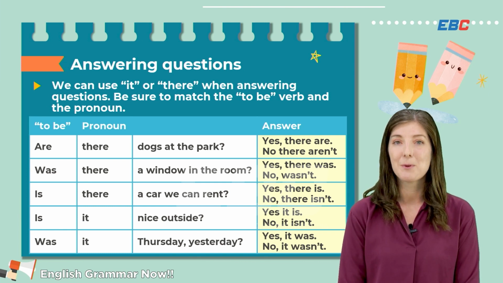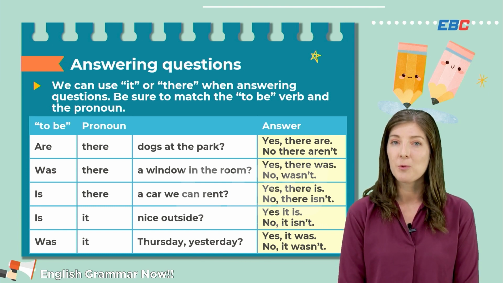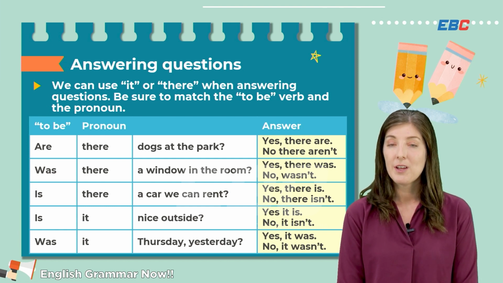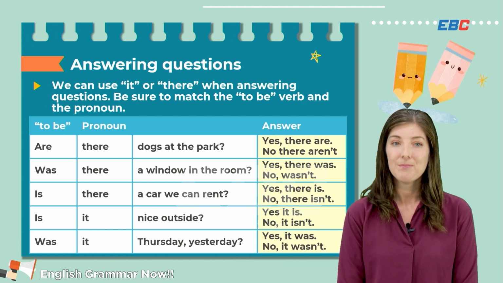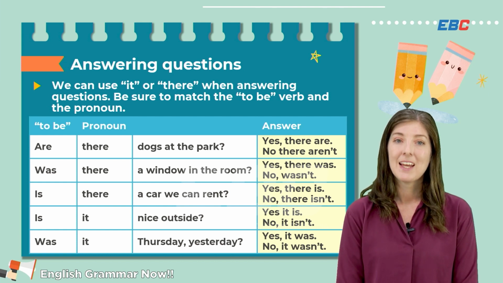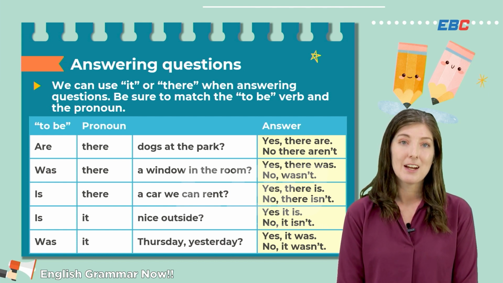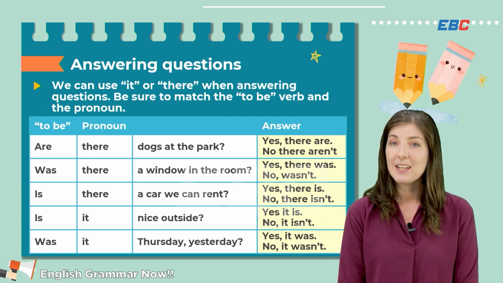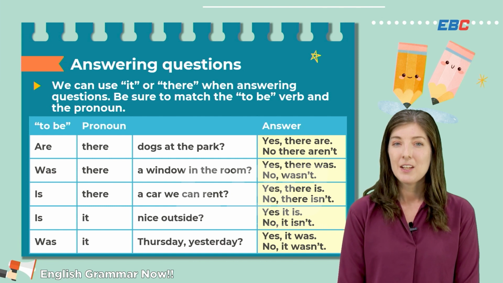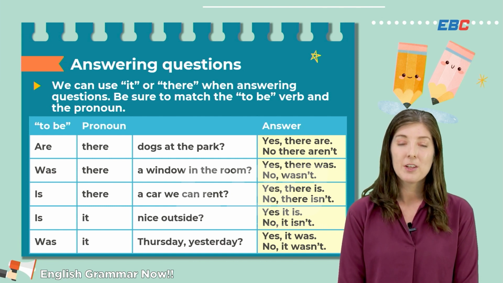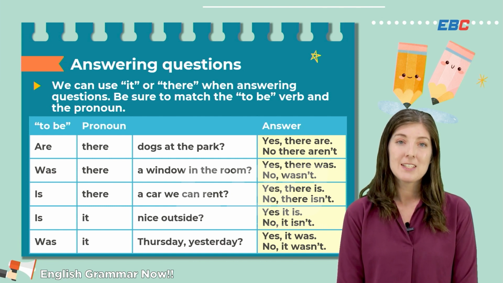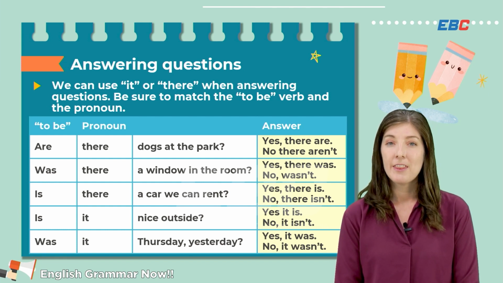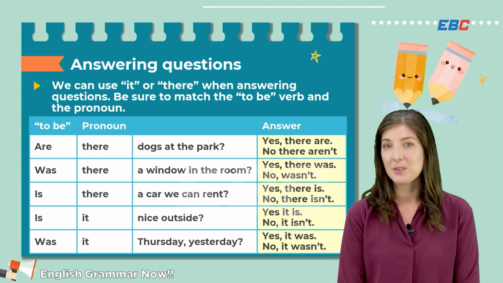The third example, is there a car we can rent? Yes, there is. No, there isn't. The fourth example, is it nice outside? Yes, it is. No, it isn't. You can see that depending on the question, if it uses there or it, we will also use there or it in the answer.